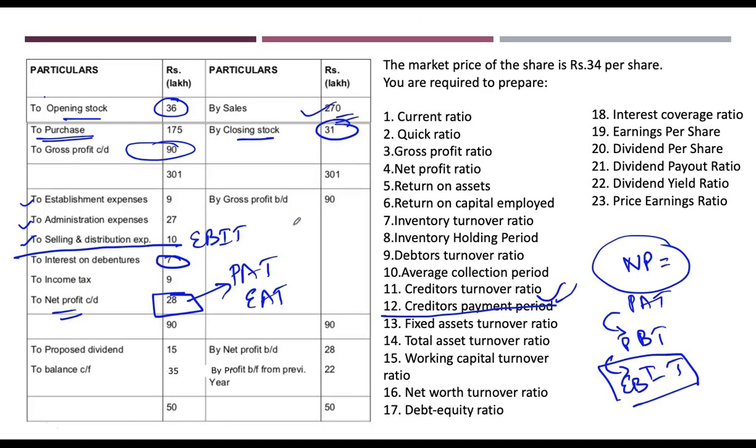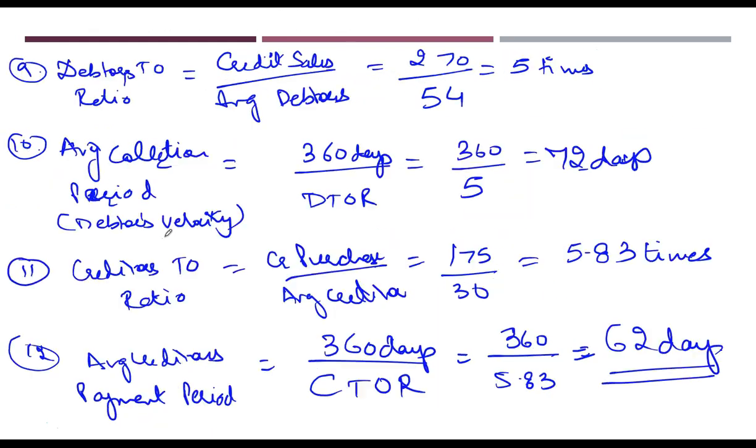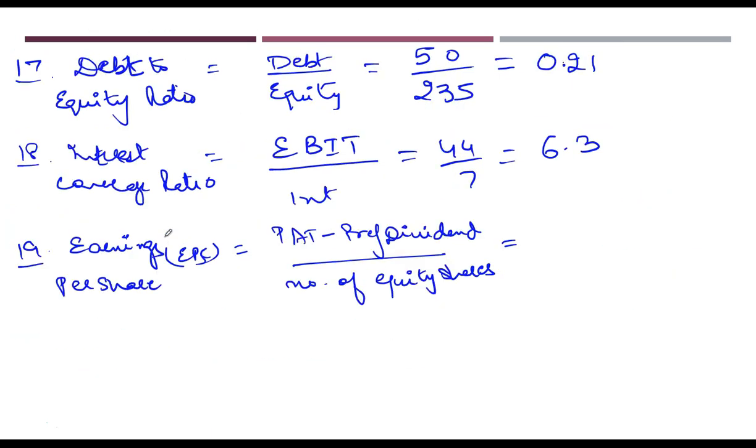And what is profit after tax? 28, right? Profit after tax is 28. Preference dividend is 0, and number of equity shares has been provided as 10 lakh, right? So you have 28 minus 0 divided by 10 lakh shares.